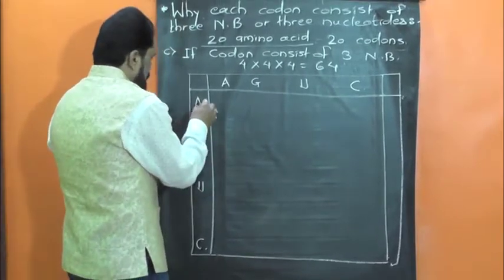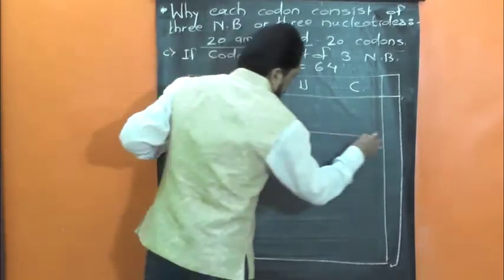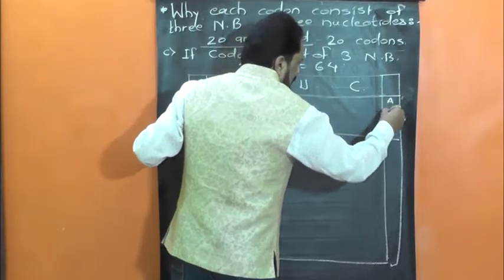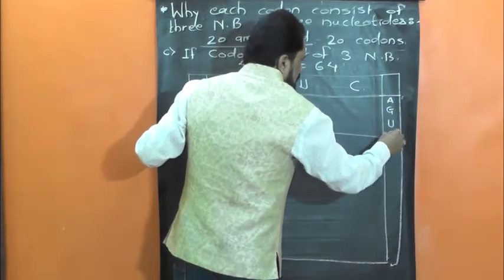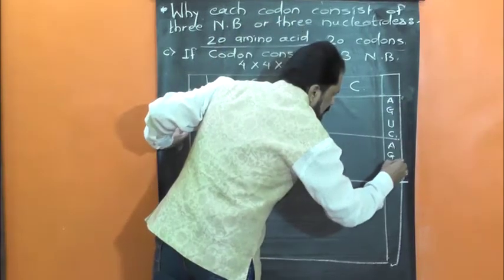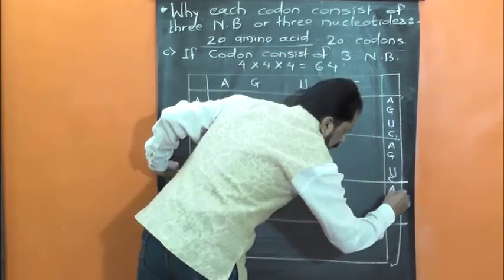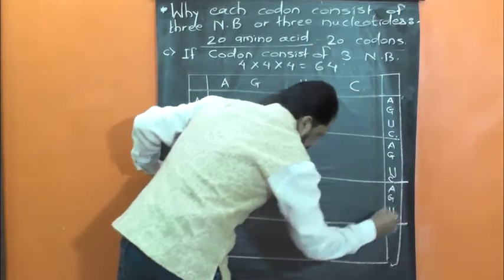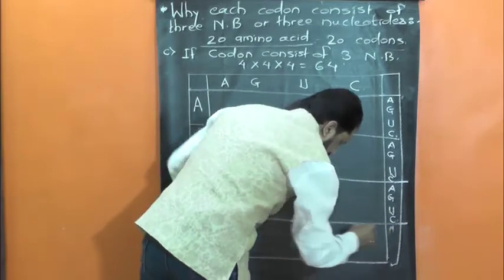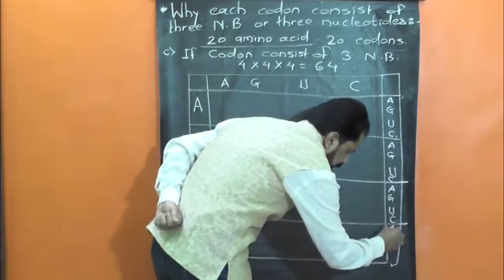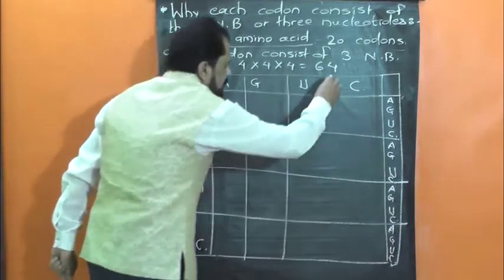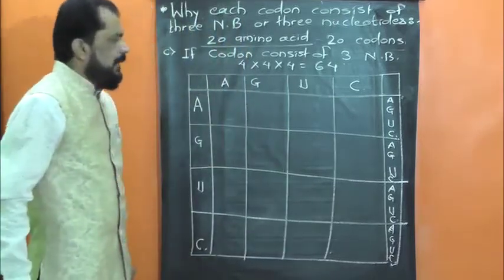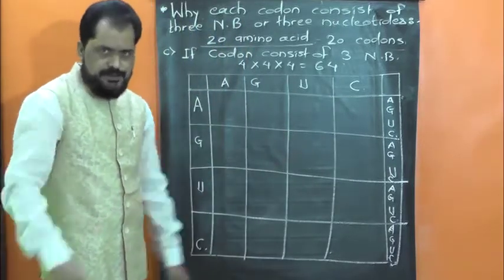So, what possibility is there? Let me explain you. A, G, U, C. A, G, U, C. A, G, U, C. And again here. A, G, U, C. Let us write the nature of and number of possible codons.